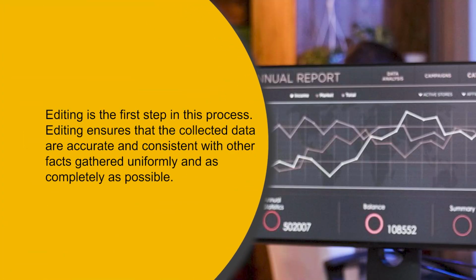Editing ensures that the collected data are accurate and consistent with the other facts gathered, uniformly and as completely as possible. That's how editing plays a vital role in the entire data collection process, because it ensures the collected data is accurate and consistent with the other facts gathered, uniformly and as completely as possible. Otherwise, what happens?